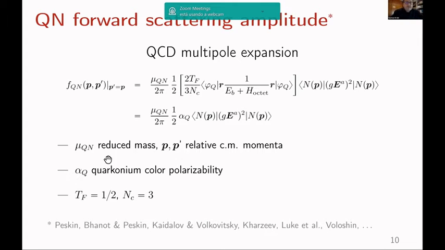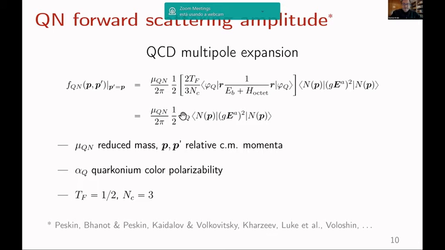It's helpful because the scattering amplitude of the quarkonium on the nucleon in the forward direction, I'm writing it here, can be factorized into the matrix element we want, and a property of the quarkonium, which is the quarkonium polarizability.